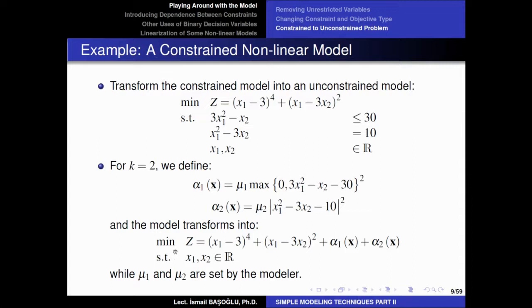Then you transform the model as the minimization of the original objective function plus alpha 1 and alpha 2 of the decision variables, x1 and x2. Now they are going to create a penalty for the objective function in case of any violation of the previously mentioned constraints.